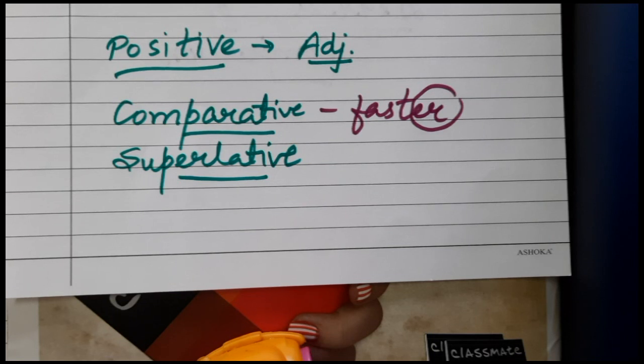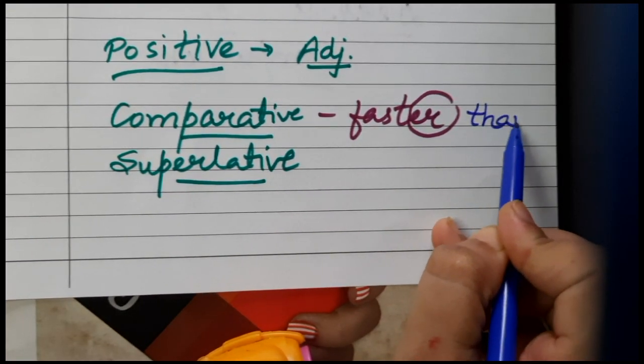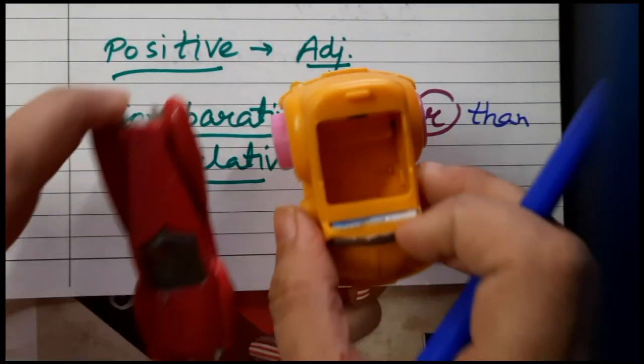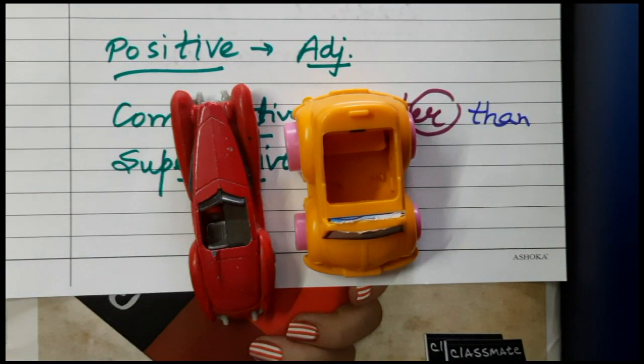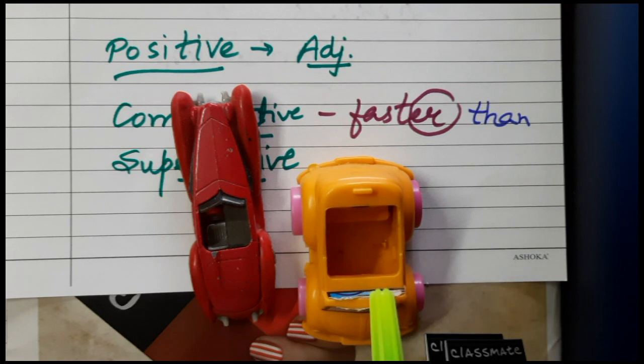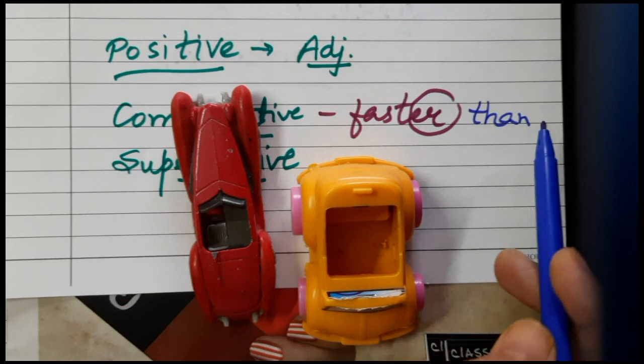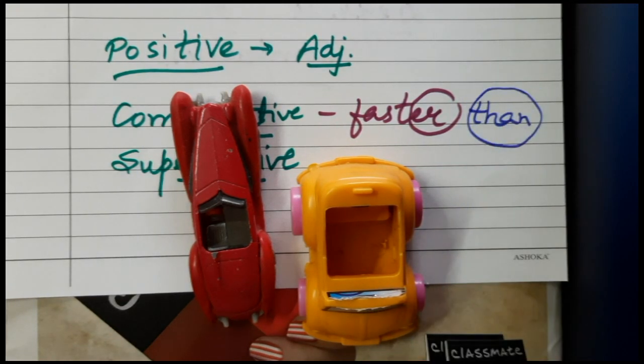Dear children, then you will say, ma'am, the sports car is faster than the normal car. My full statement answer is this. What have I said? The sports car is faster than my normal car. We can say the red car is faster than this yellow car. So I am using the word than, and that is a very important point.